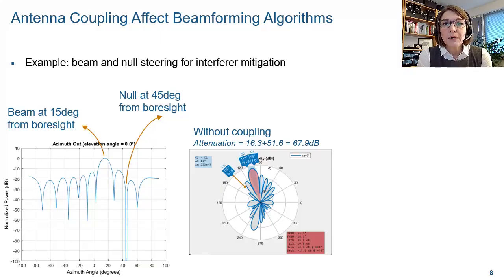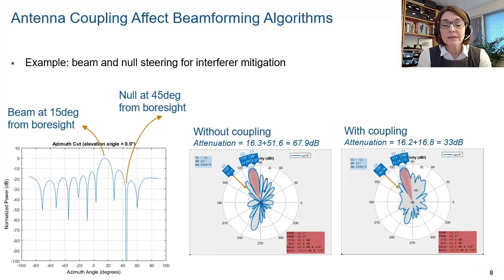First, we computed the pattern of the array without coupling. Our main beam has a directivity of 16.3 dBi, and our null has a deep attenuation of 51.6 dB, which means that overall we reduce the impact of the interfering signal by almost 68 dB. Now we perform the same analysis, taking into account coupling, so with full wave electromagnetic analysis.